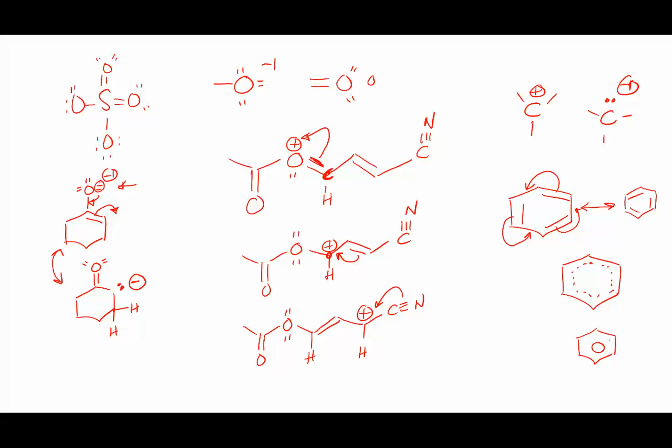Now, let's deal with these two. Okay, for those two resonance structures, A and B, which one's the most stable? That's true, we can use our cards, can't we? That's the most democratic way.